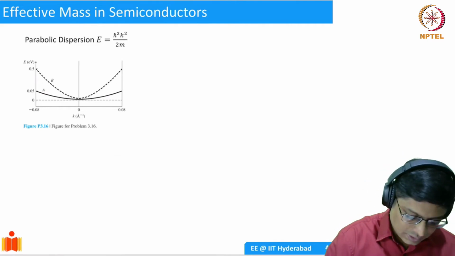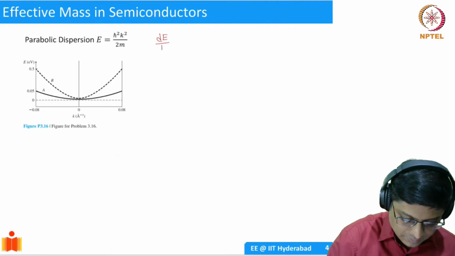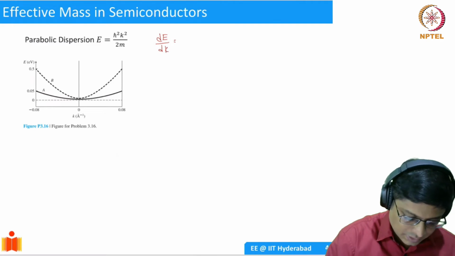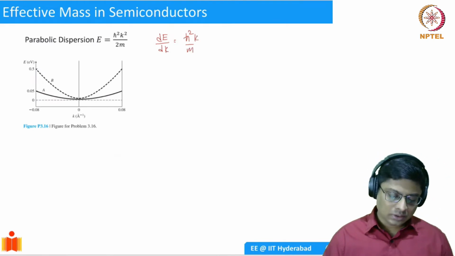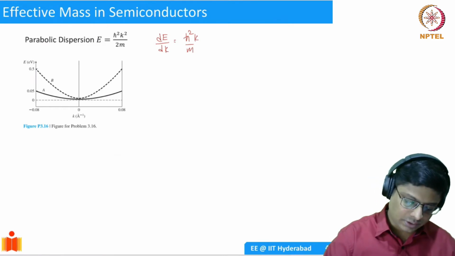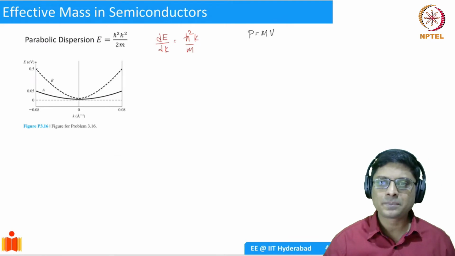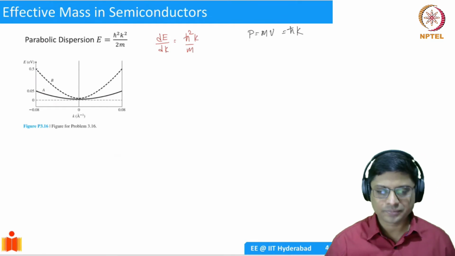So let's do one thing. Let's compute dE by dK. I'm taking a derivative of the dispersion, so it will be h cross square K by m, right? Now you might recollect that classically we know p is equal to mass into velocity, and quantum mechanically that will be h cross K, right?